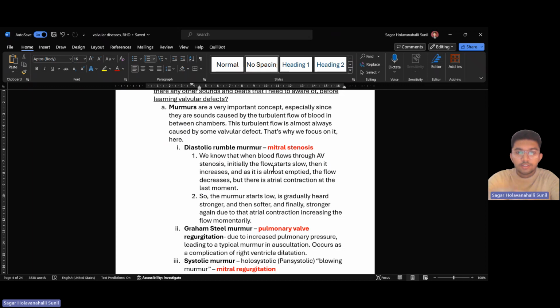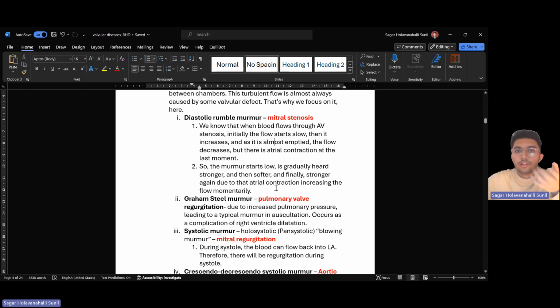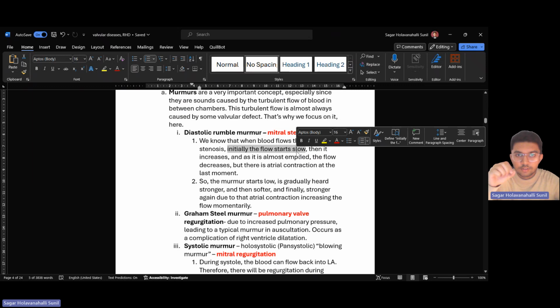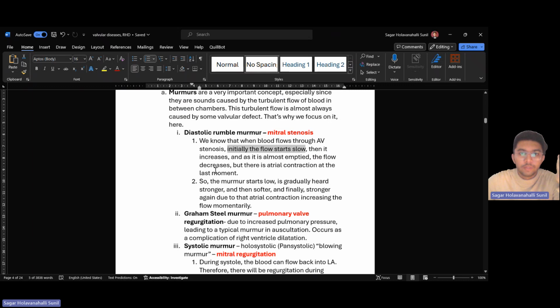As a result, the left ventricle, which I'll actually speak more about in the later parts of this document, essentially has to squeeze much harder. Initially the flow of blood through this valve is slow because it's small. Then as the atrium squeezes and the blood continues to exit into the ventricle, the flow becomes stronger.